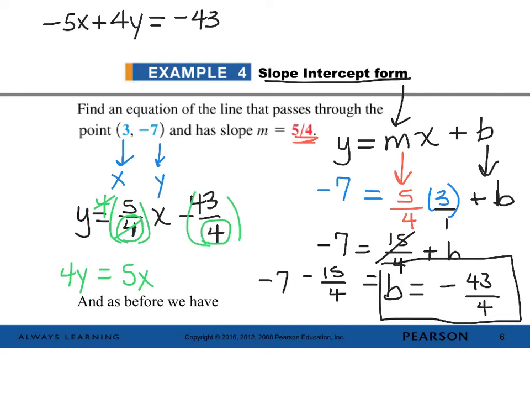And multiplying this times 4, the 4's cancel. We have minus 43, and once again, all we have to do is move the 5x to the other side. And when we move it, we're basically subtracting 5x from both sides. And again, we'll have negative 5x plus 4y is equal to negative 43.